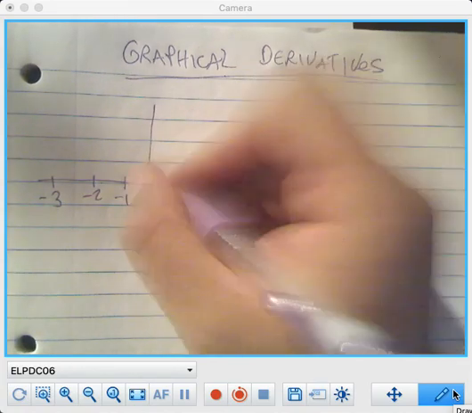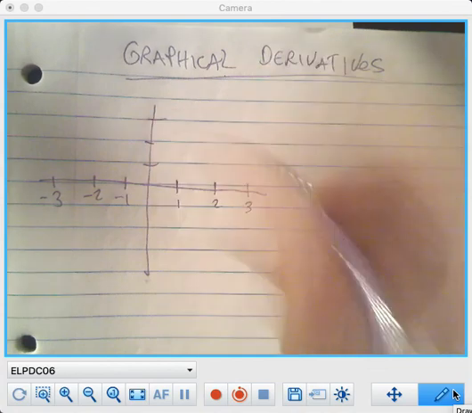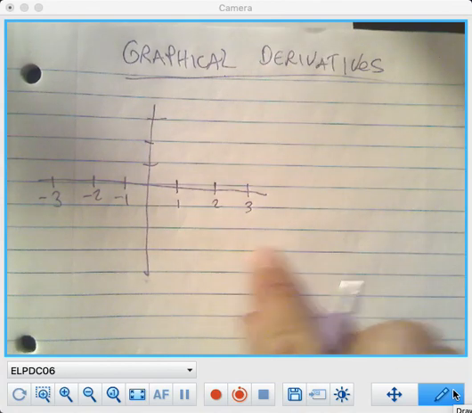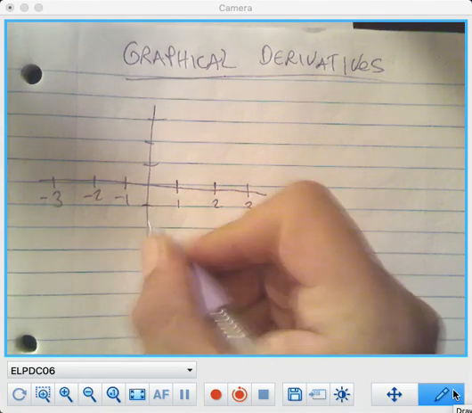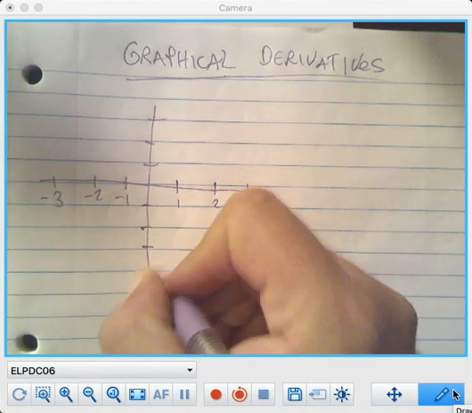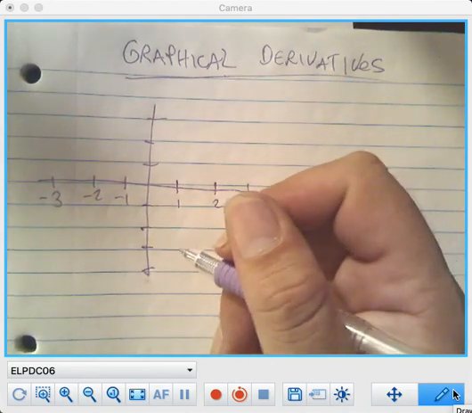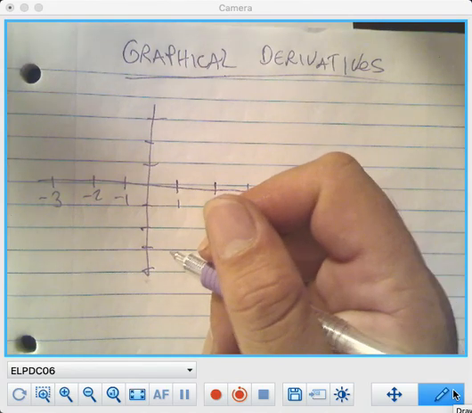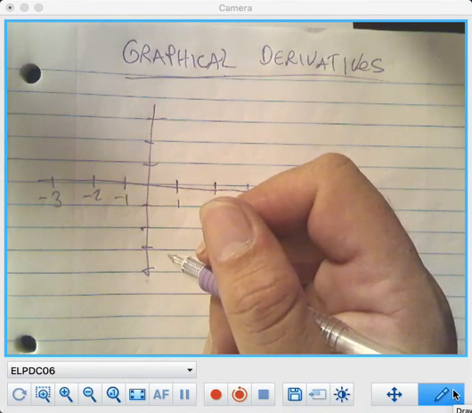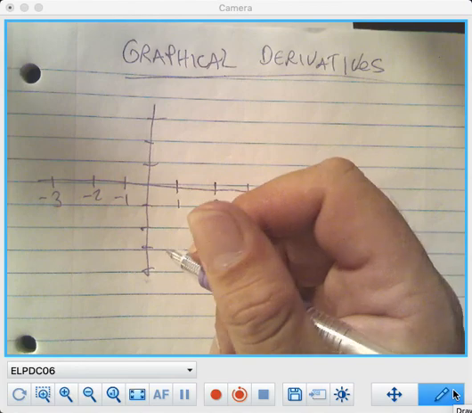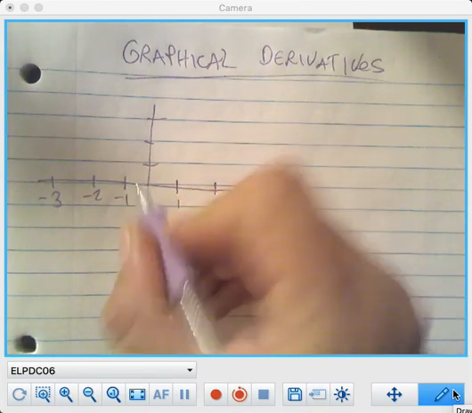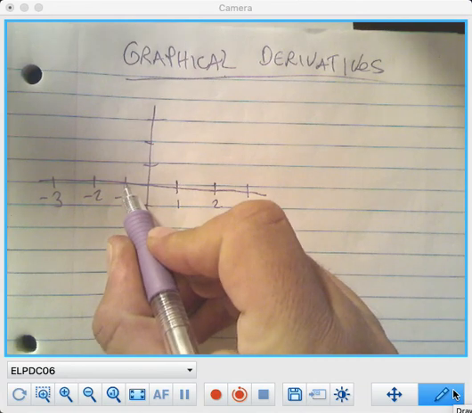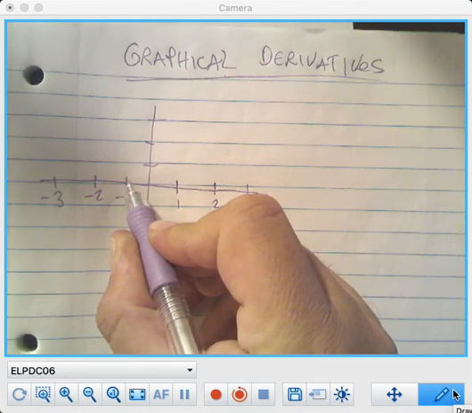Next I went from 1 to 3 and from -1 to -3. Notice that I'm not writing numbers on the y-axis because the numbers on the y-axis are not important in this specific problem. Okay, so I'm gonna try to do it as cool as possible.